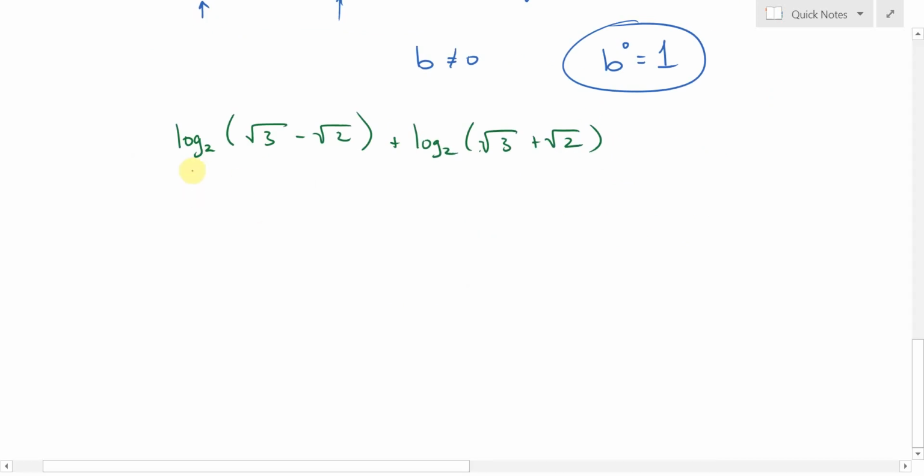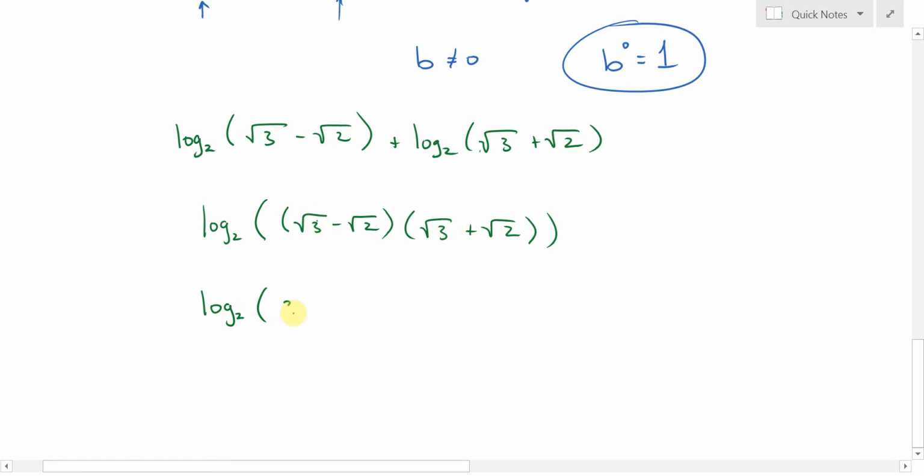So you could have said, that's equal to log base 2, again, the base doesn't matter, of this product, radical 3 minus radical 2, remember the parentheses so you don't make a mistake, times radical 3 plus radical 2 on the inside. And then you would have just FOILed that out and seen what it comes out to. Root 3 times root 3 is 3.